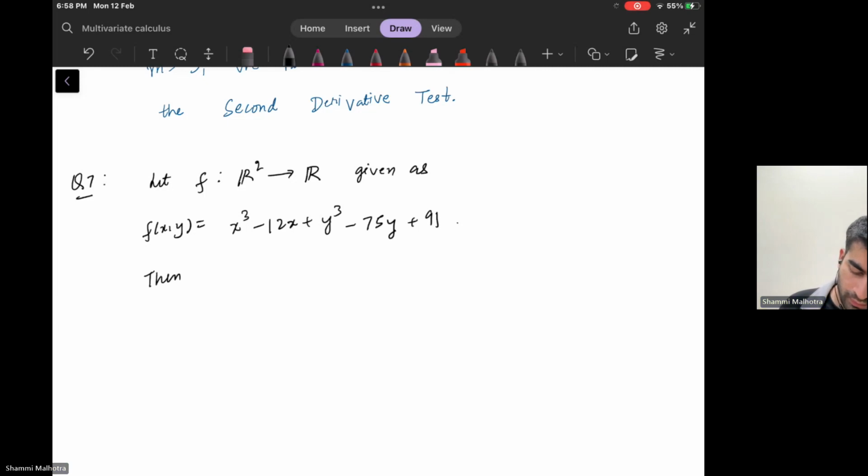Then the point 2, 5 is, we have to see whether this is a point of local maxima, minima, or a saddle point. So let us check.